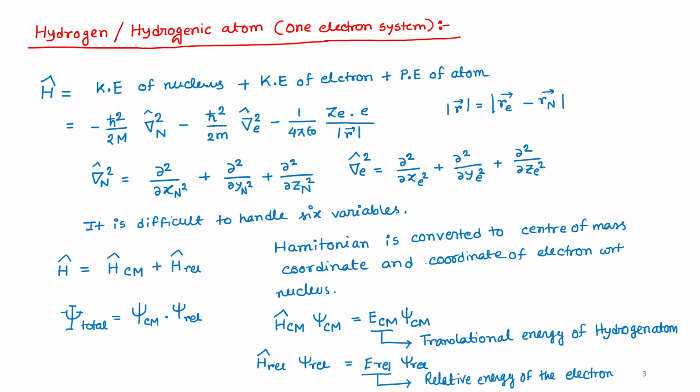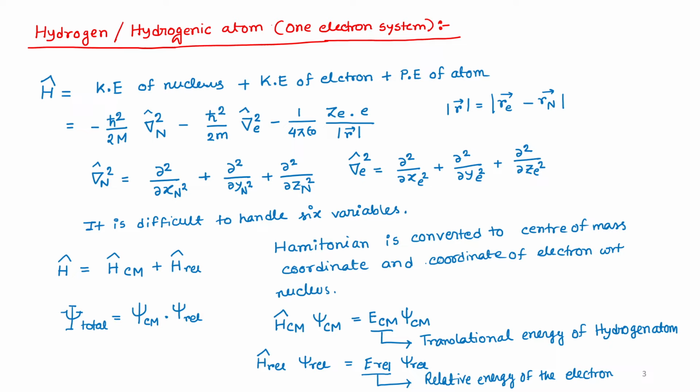But as a whole, nucleus and electron both are moving in space. So the hydrogen atom itself is acting as a free particle where there is no external potential energy. So that kinetic energy is only the translational energy of the hydrogen atom and is not quantized. So we will not be worrying about that, but we will be more interested in the relative energy of the electron. And if we can separate the Hamiltonian like this, then we can work with it.